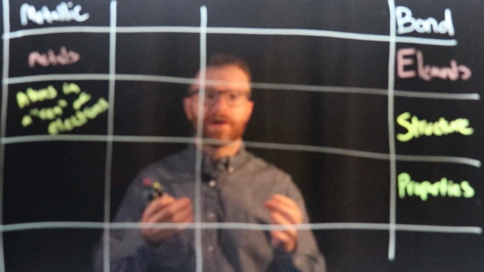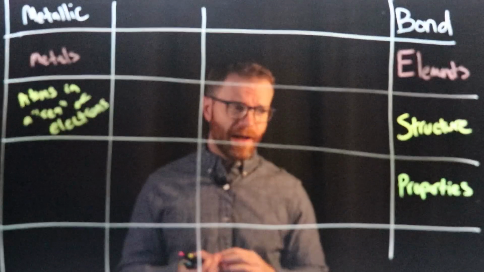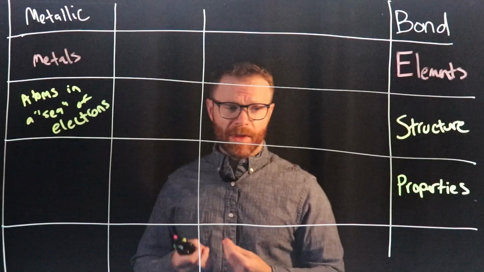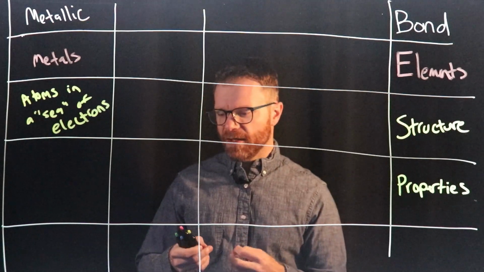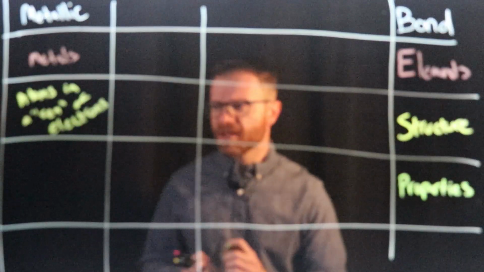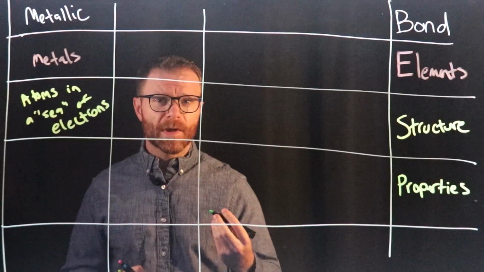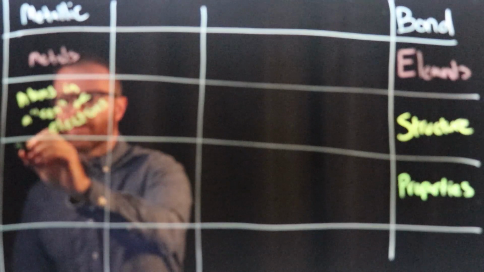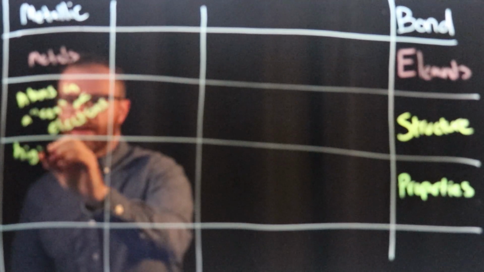The electrons are all kind of freely flowing around these different atoms that hold the structure of the metal together. Now, because the metal is held in this structure by the sea of electrons, they tend to be solid at room temperature. That means they have a relatively high melting point.